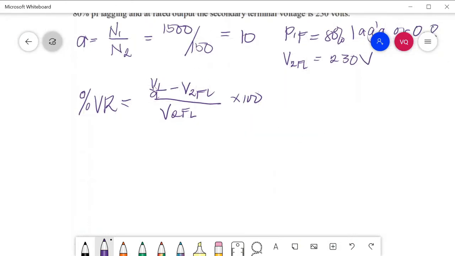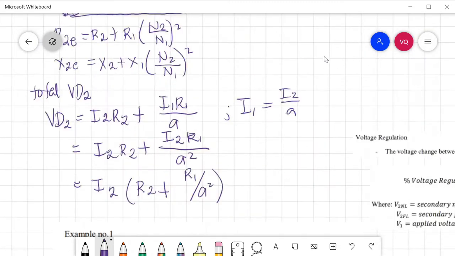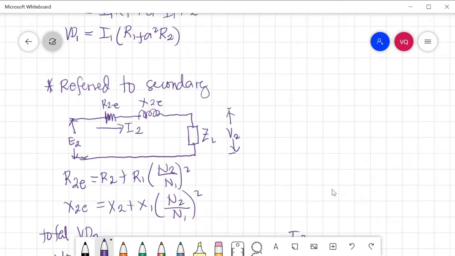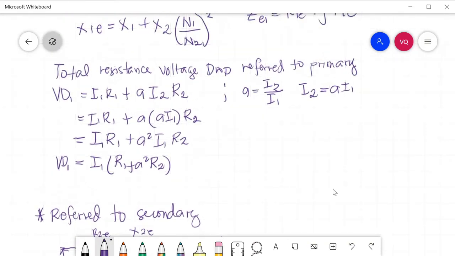So V1, we can solve V1 equal to A V2 plus I1 Z1E. From our formula a while ago in the primary, nasan na yun?